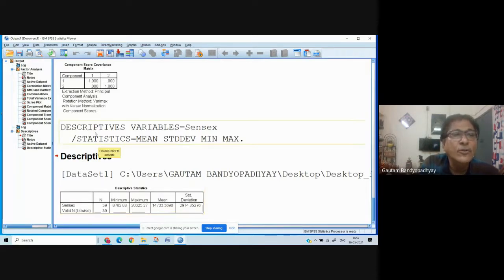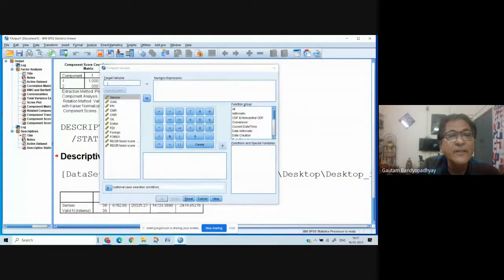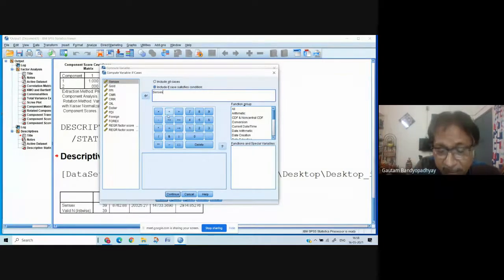How can we construct this? We go to Transform, because we need some group for discriminant analysis, and Compute Variable. Here you can give the name Group. Here you put 1 and select the If condition, include cases when the Sensex is greater than 14733.